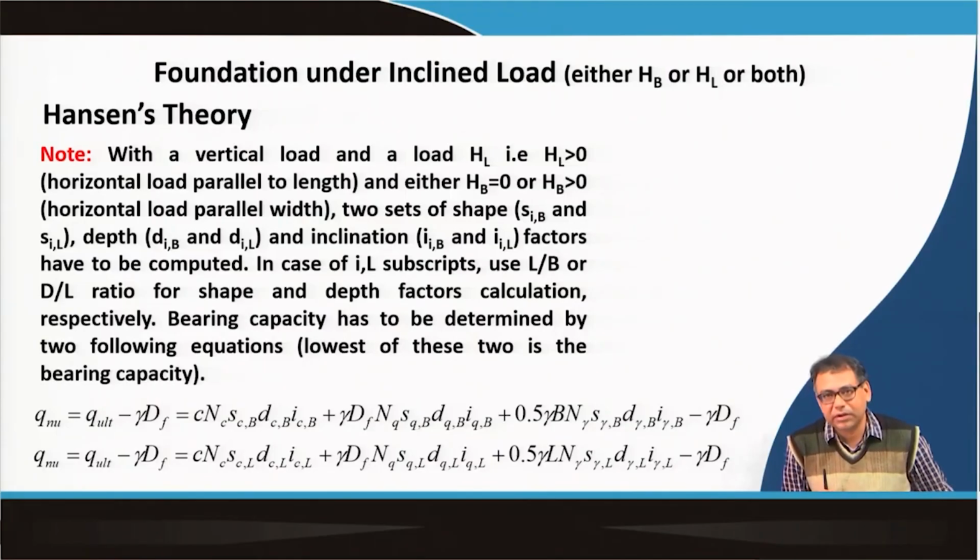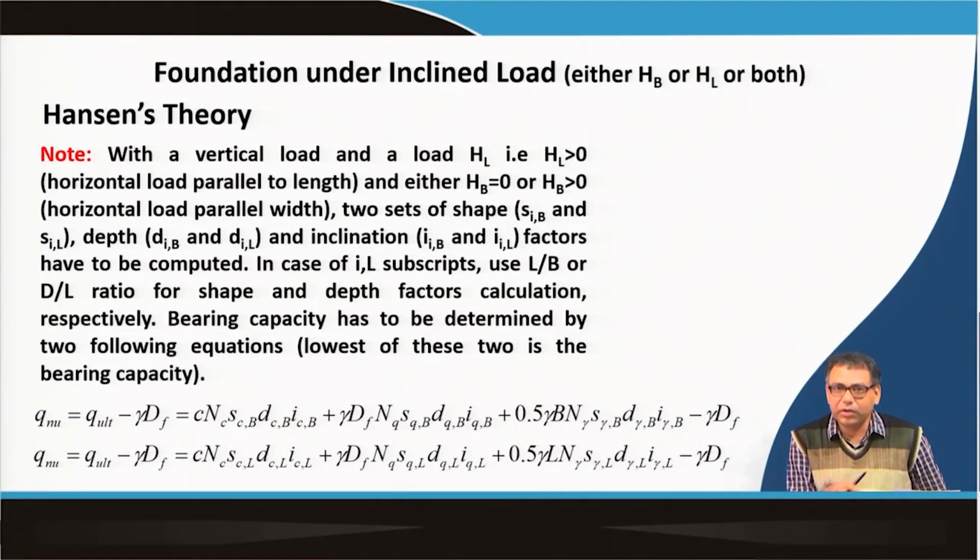That is also an option, that horizontal load can act in both directions along with the vertical load. In such a case we can use the Hansen theory and the basic theory, but the basic theory is straightforward and not many modifications are required, whereas for the Hansen theory we have to make a few modifications.